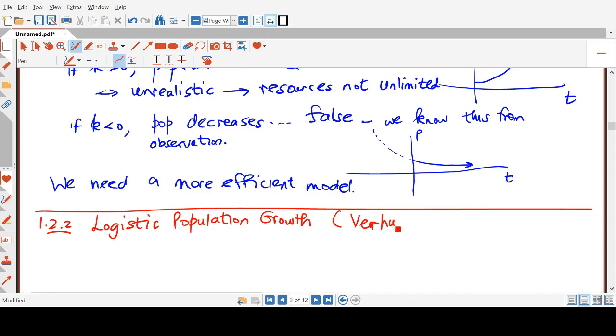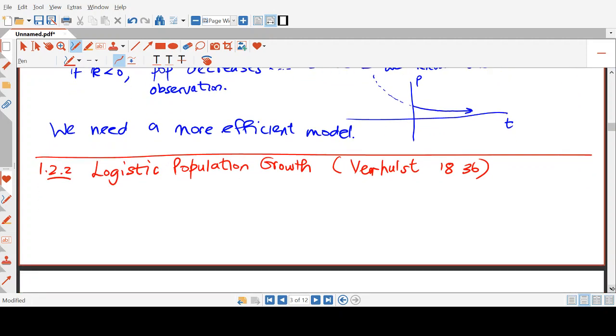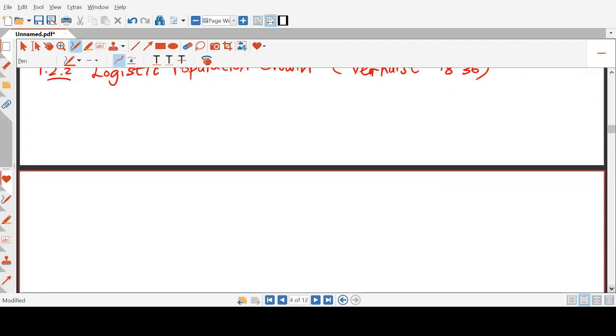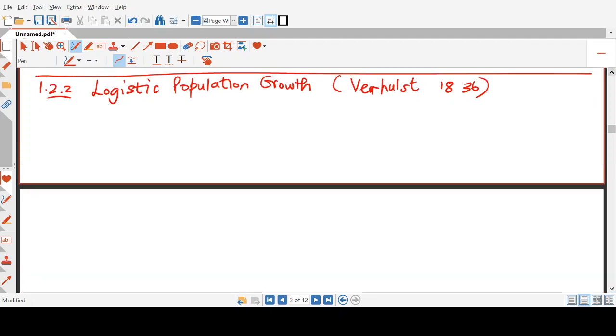This problem was addressed in 1836 by a certain Verhulst. I don't know if he was a mathematician. Maybe he was. So you see, the thing is that, let me write on a new page here. Okay, so let me write a preamble here. So you have limited resources.